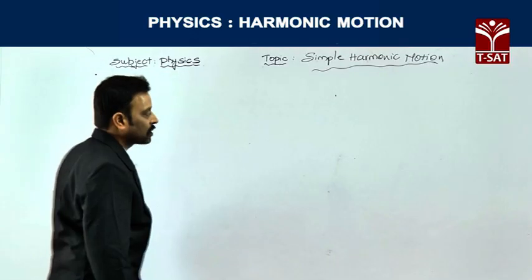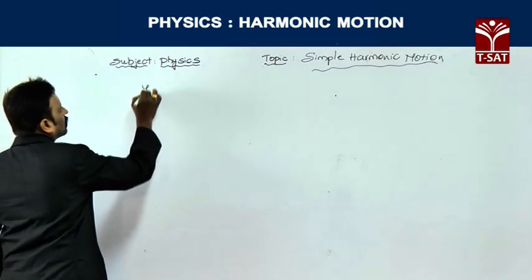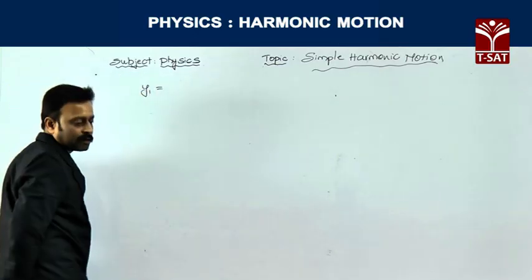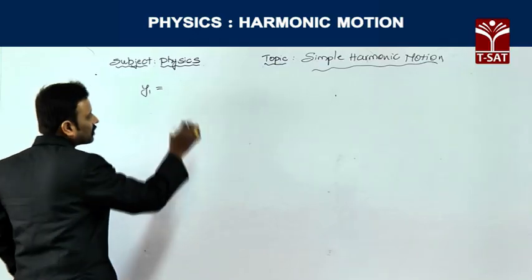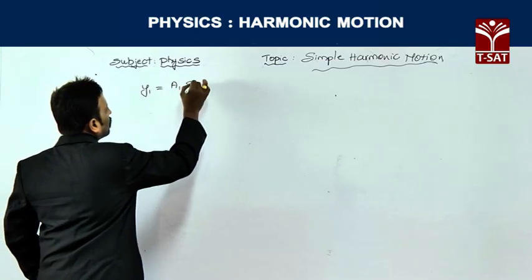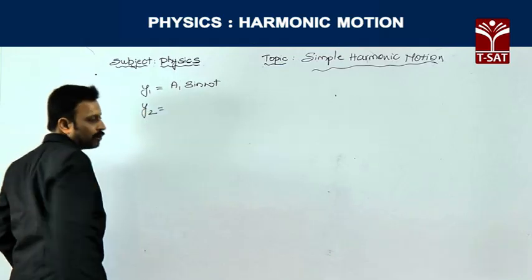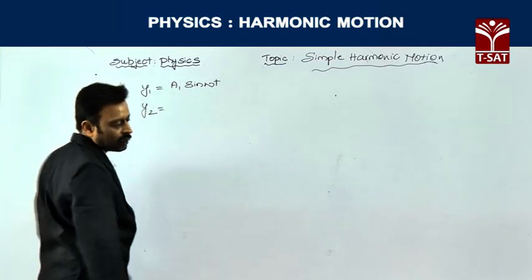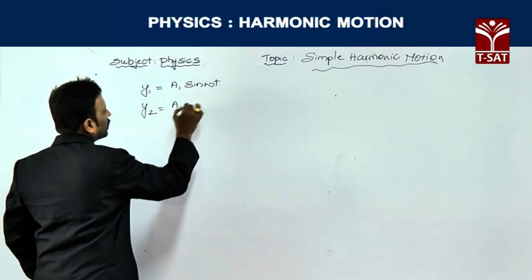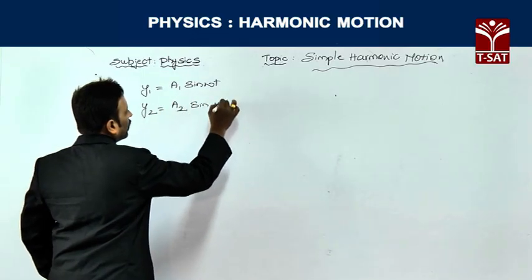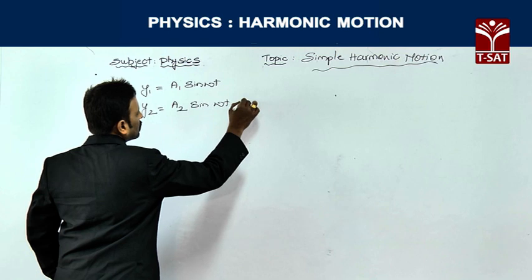Next, let us suppose that y1 is the displacement of a particle which is given by a1 sin omega t. Let y2 be another displacement of a particle which is given by a2 sin(omega t plus phi).